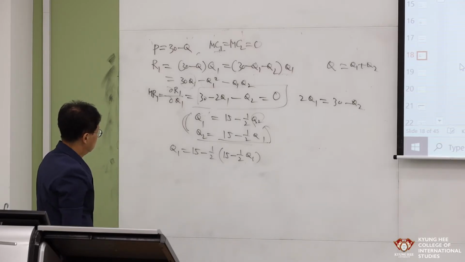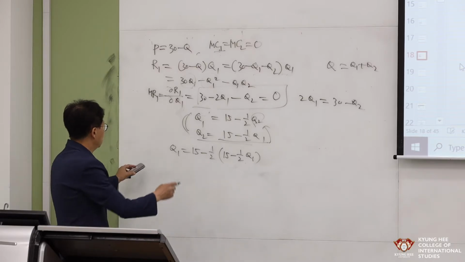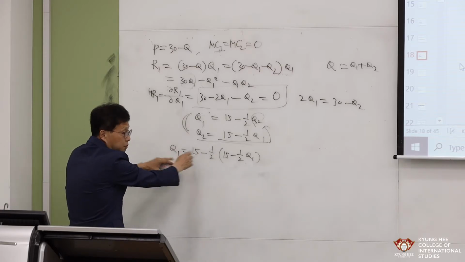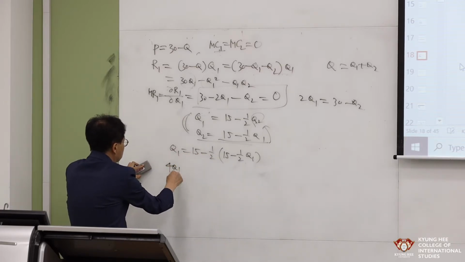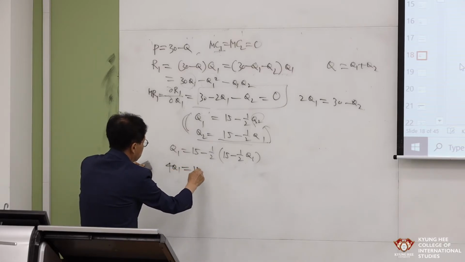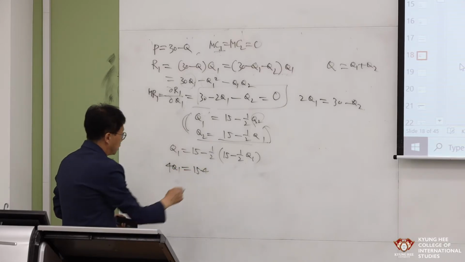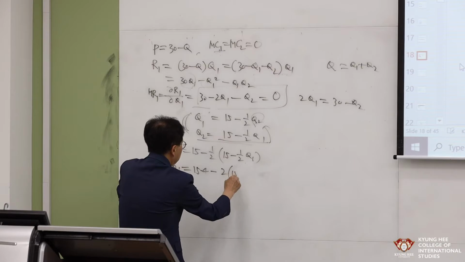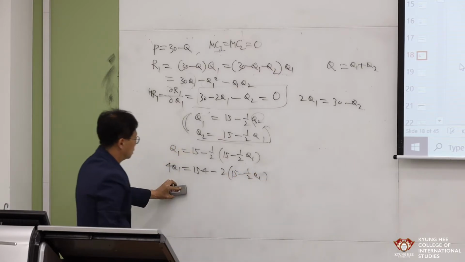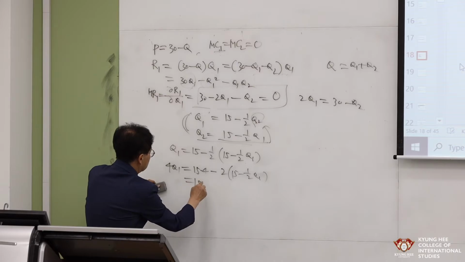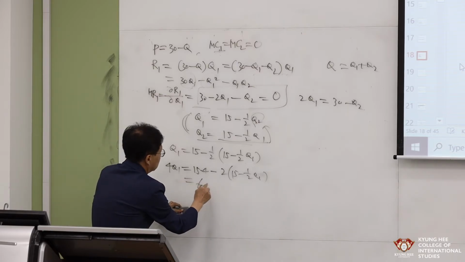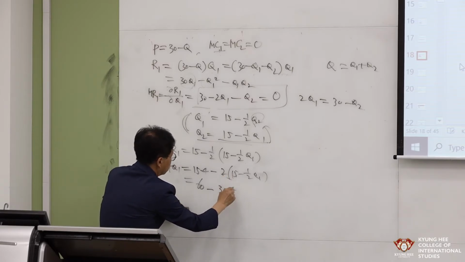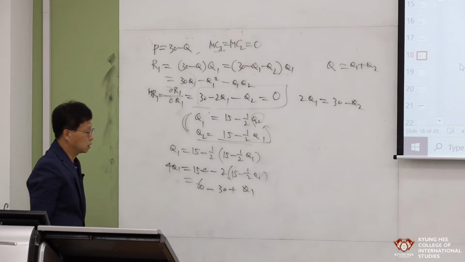Next step. For example, we multiply both sides by 4, right? Then 4Q1 is equal to 15 multiplied by 4, that is 60, minus half multiplied by 4, which means only 2 left, multiplied by 15 minus half Q1, right? In other words, 60 minus 2 multiplied by 15, so 30, plus Q1 left only, right?